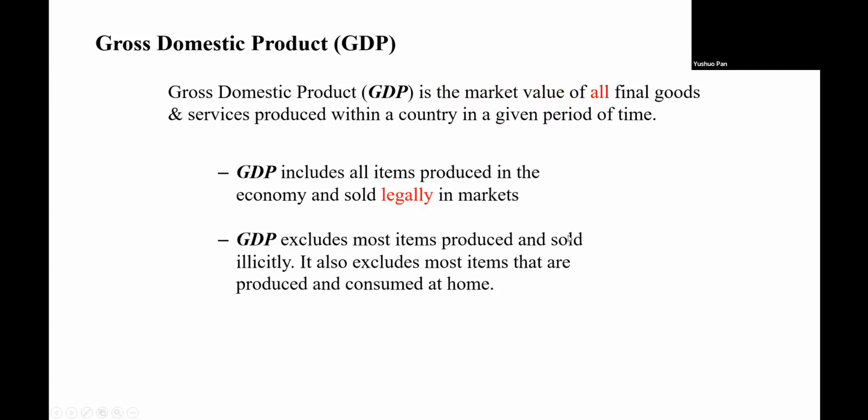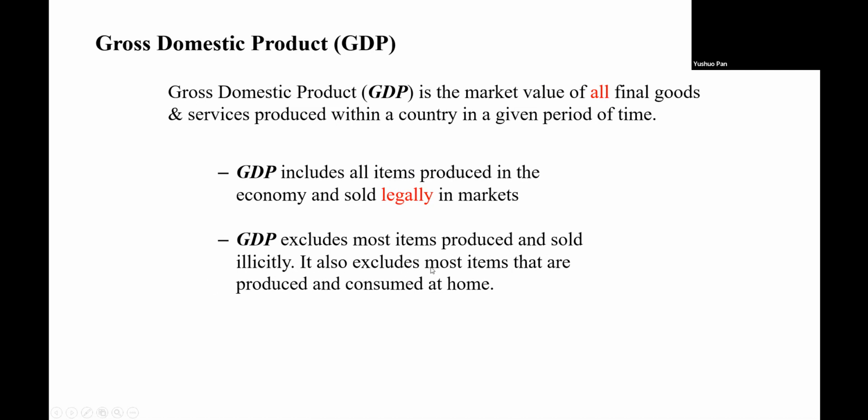The next word that is important is "all" here. GDP includes all products, all items produced in the economy and sold legally in the market. So everything legally is important. GDP excludes most items produced and sold illicitly.